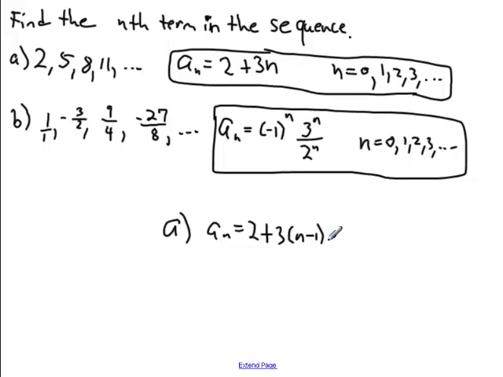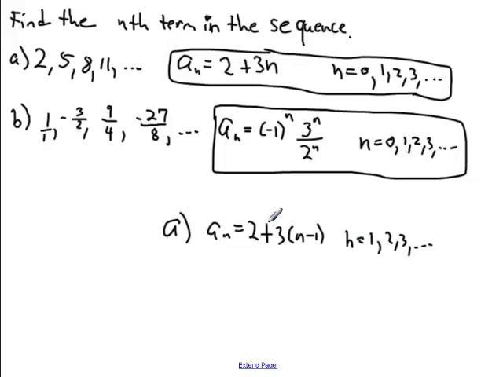Now, the reason why you would be allowed to do that is, well, since you reduced the formula in my solution by 1, you would have to then increase the n in your index, what they call index, by 1. So there you would start your formula with n equals 1, 2, 3, dot, dot, dot.